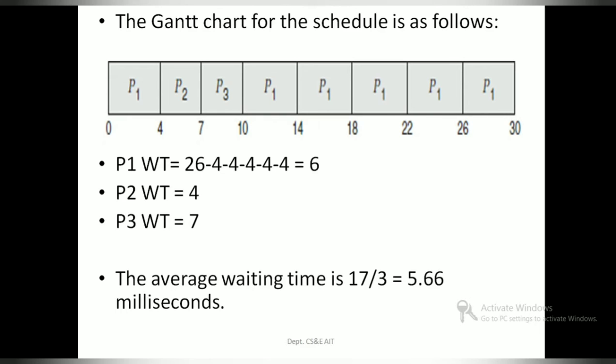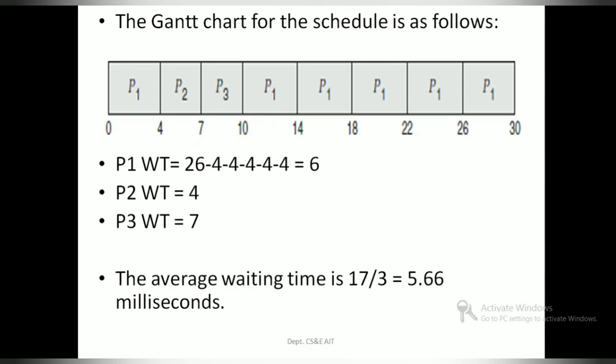So process P1 executes for 4 milliseconds and then it is preempted and the CPU is taken over by process P2. P2's burst time is smaller than the time quantum, so it completes the execution.